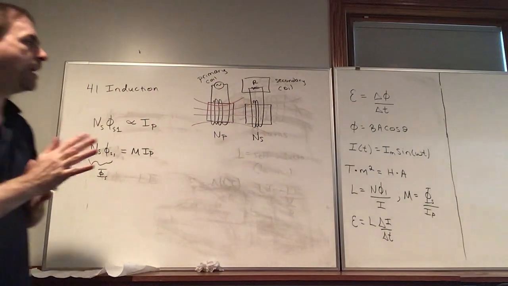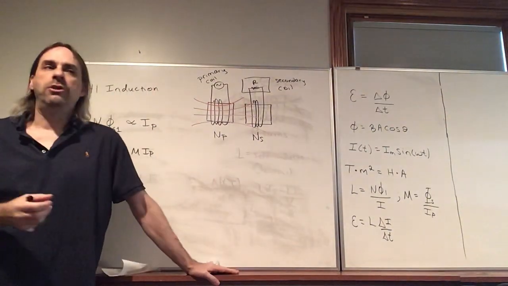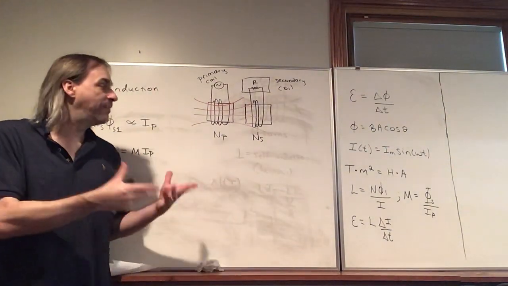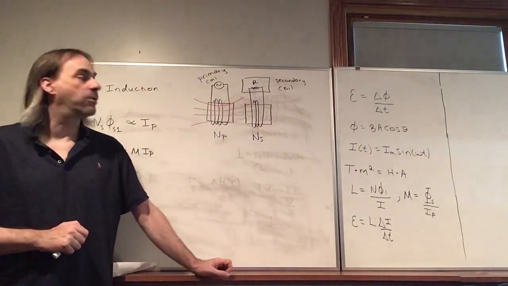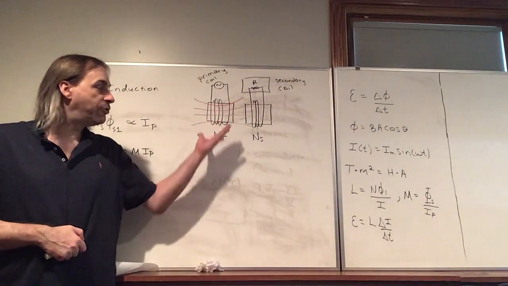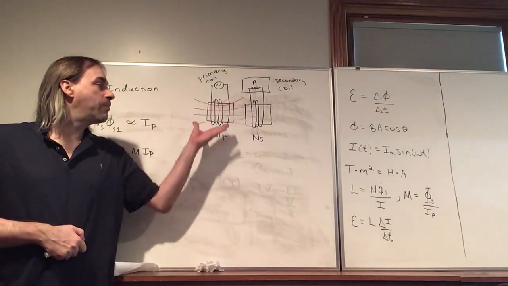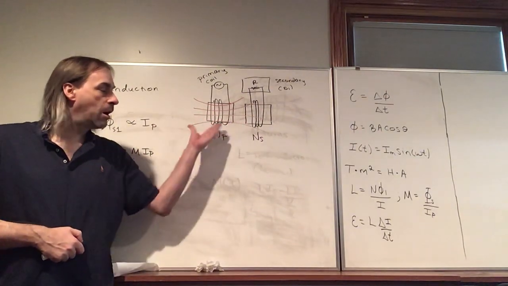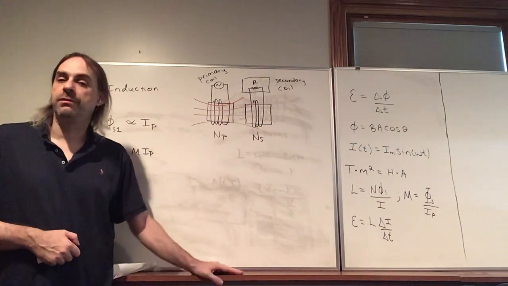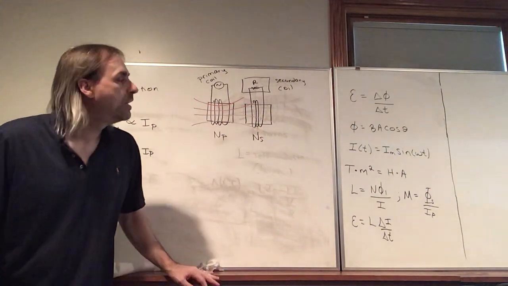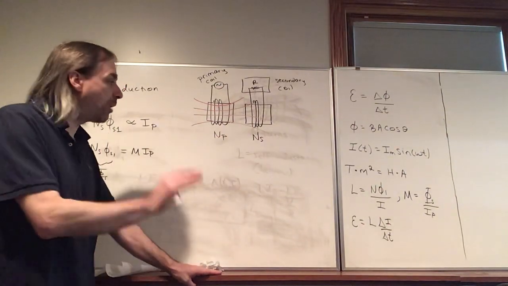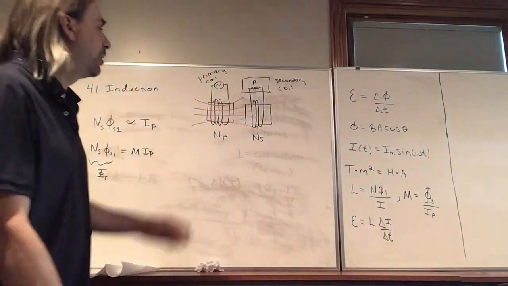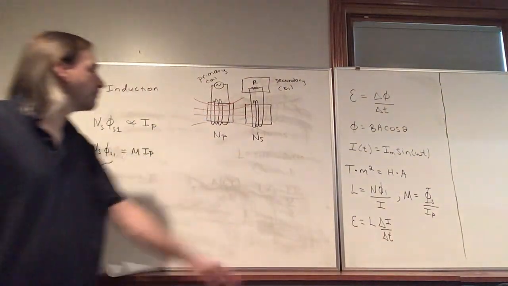So actually calculating mutual inductance using formulas, deriving it from the definition, would be extremely difficult. It depends on geometry, basically: how big these coils are, how many loops there are, how they're separated, the distance between them. So again, it would be something we would measure. We're not going to even try to calculate mutual inductance for any pair of coils.